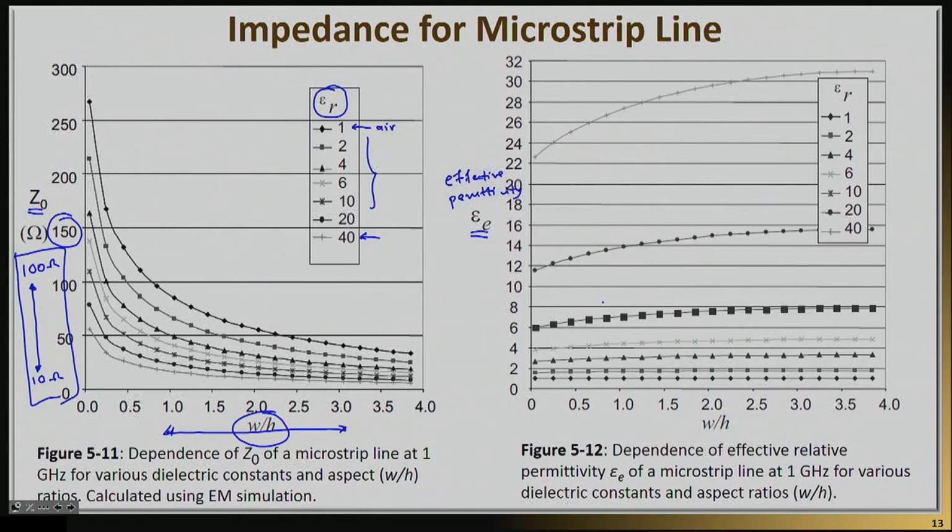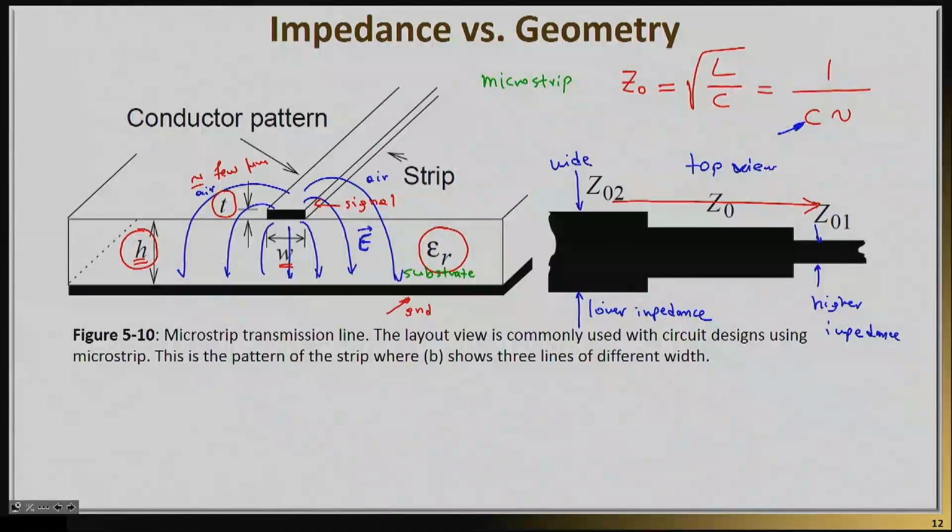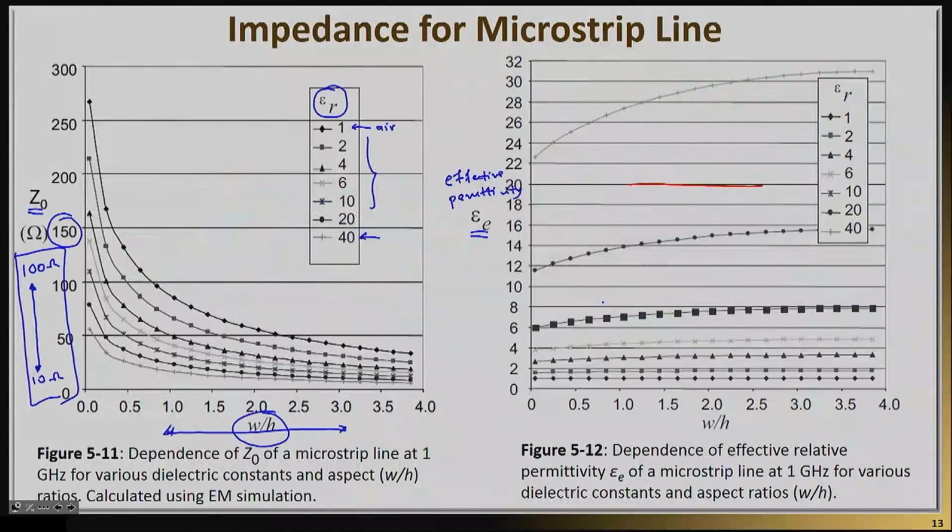Now let's shift our attention to the second graph. The second graph gives you effective permittivity, and what we mean by that is that because of the issue I mentioned in the last slide, that some of your electric field lines are in air and some are actually in the dielectric, we can replace this complex medium with just one effective medium that essentially contains the entire line.